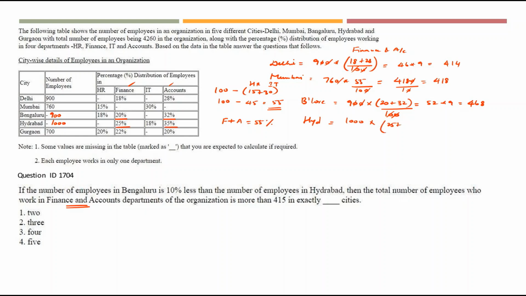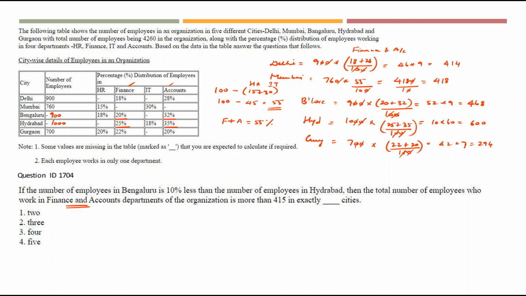So 25 plus 35 divided by 100. This will give 600. Then we have Gurgaon, 700 into, we have to add 22% from finance with 20 in accounts divided by 100. It is 42 into 7, which is equal to 294.